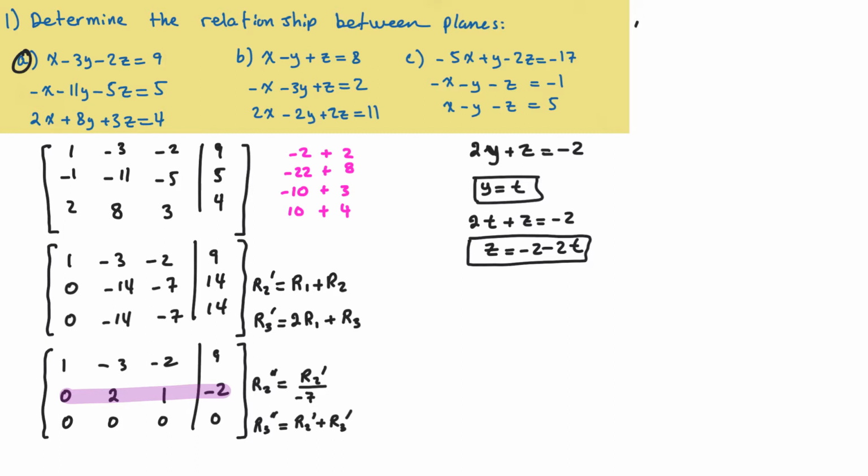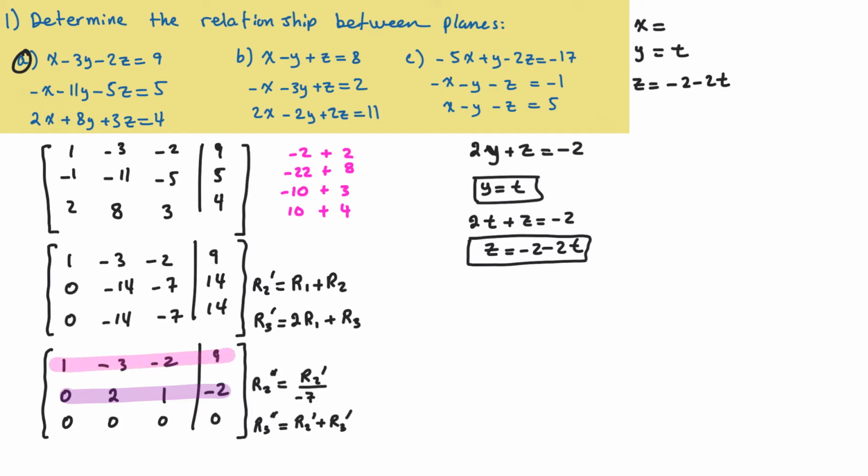So, for our final parametric form x, y, and z, for the y value we have t, and for the z value we have -2 minus 2t. We also need to find x, so we are going to use the first row over here.